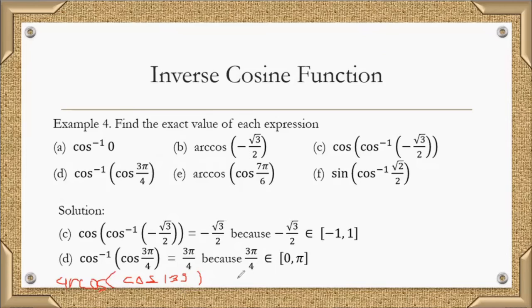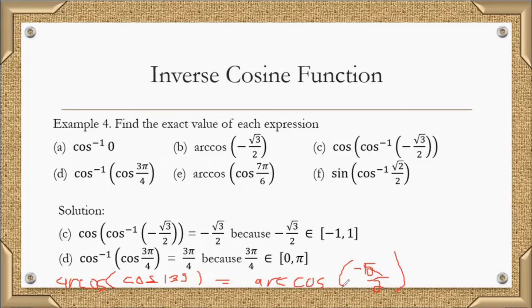Okay? Kaya, ang mangyayari ngayon ay kuhanin mo ang arc cosine ng negative square root of 2 over 2. Ang square root of 2 over 2 approximately ay nasa negative 0.707.